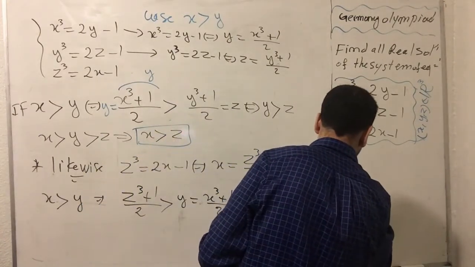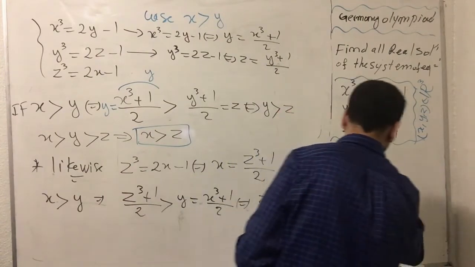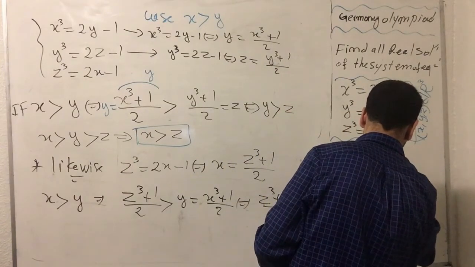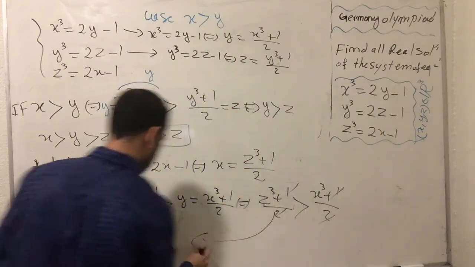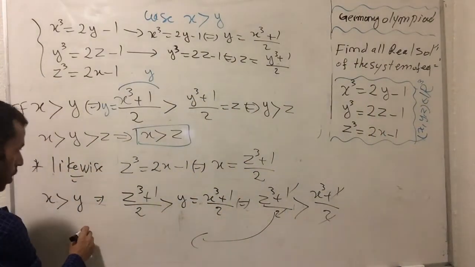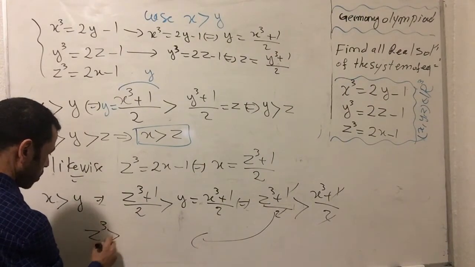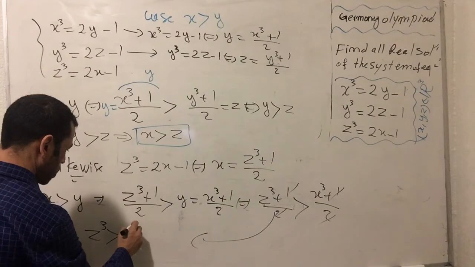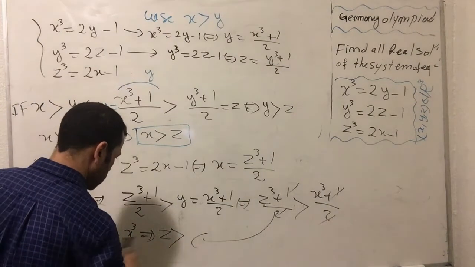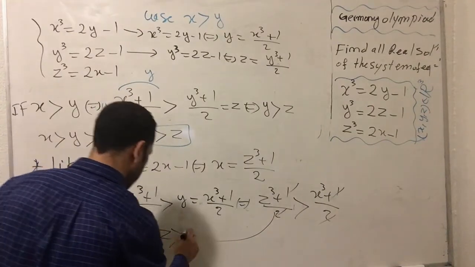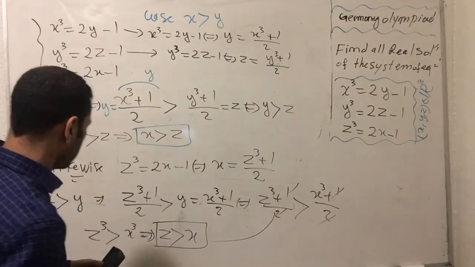I will have z cubed is greater than x cubed. This implies z is superior to x.